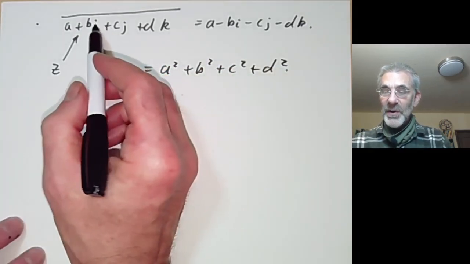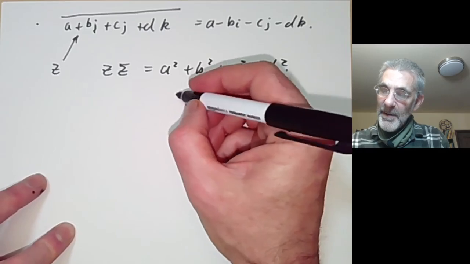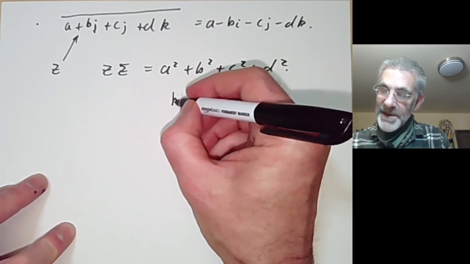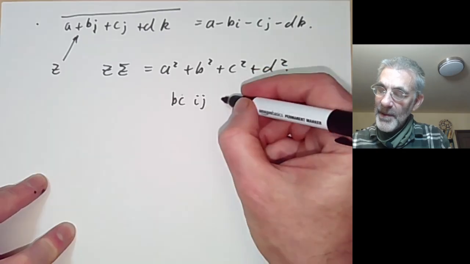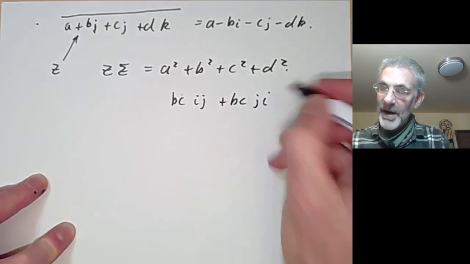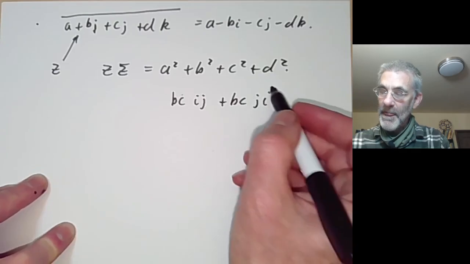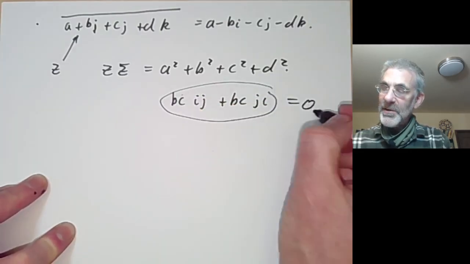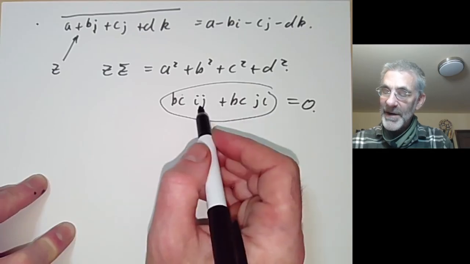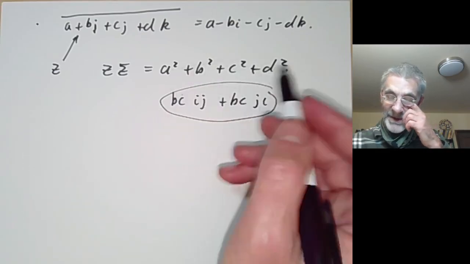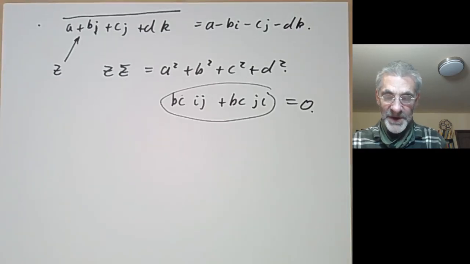You might think you get a lot of cross terms, like bc times ij plus bc times ji, and you think, what happened to this? Well, this is actually equal to 0 because ji is equal to minus ij, so all the cross terms vanish because of the non-commutativity.